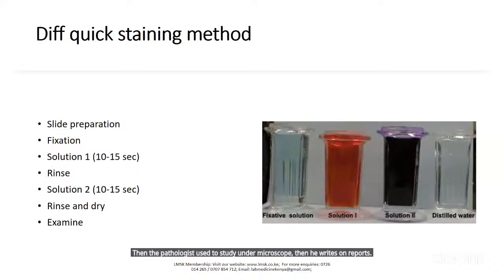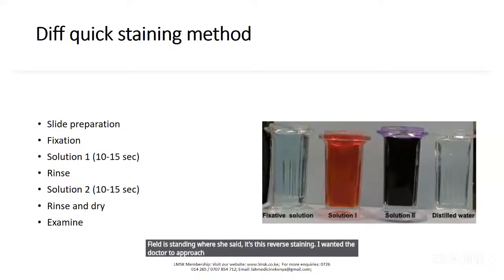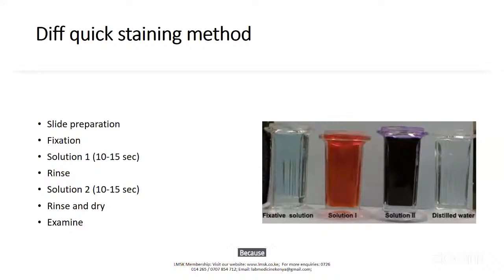I want to ask the doctor about the part of quick field staining, where she said it is reverse staining. I wanted the doctor to elaborate for me, because what I know about that reverse staining of field stain, where you first fix, then Field B, then Field A, was about only BBF.